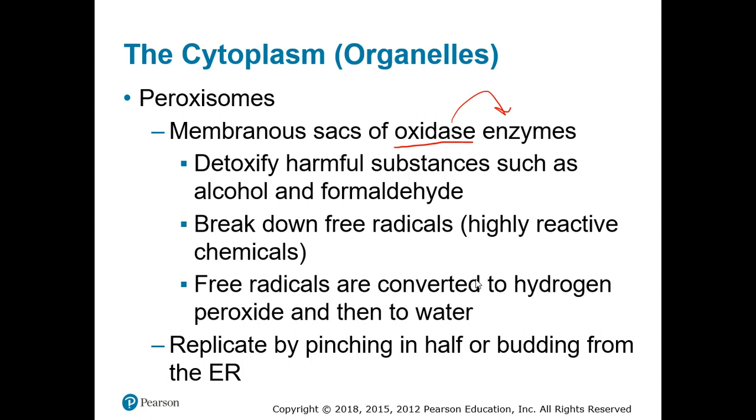They break down free radicals that are located within these substances. Free radicals are just highly reactive chemicals. They take these free radicals and convert them to hydrogen peroxide, or H2O2, hence the name peroxisomes. Hydrogen peroxide then decomposes into water.